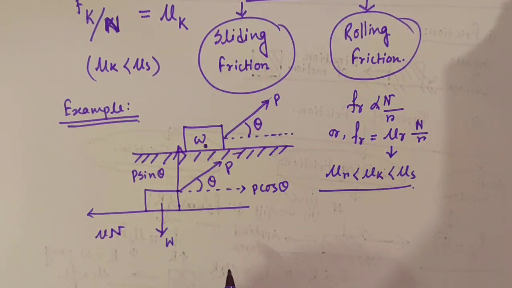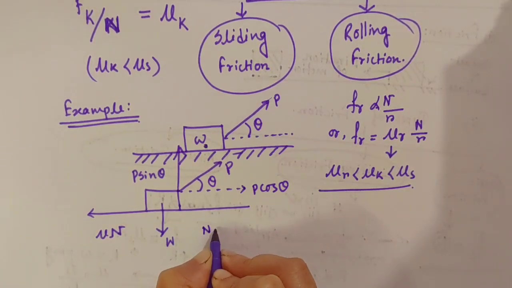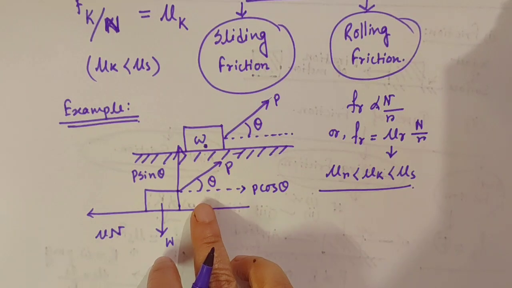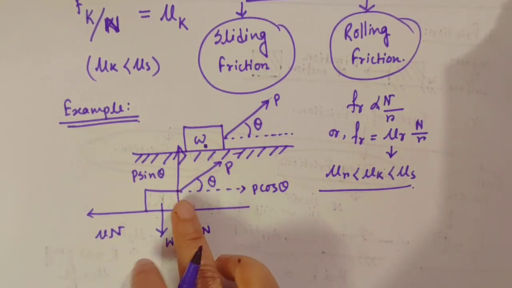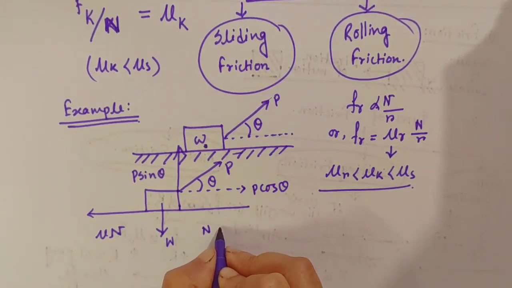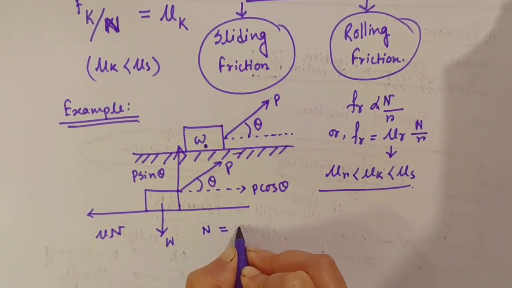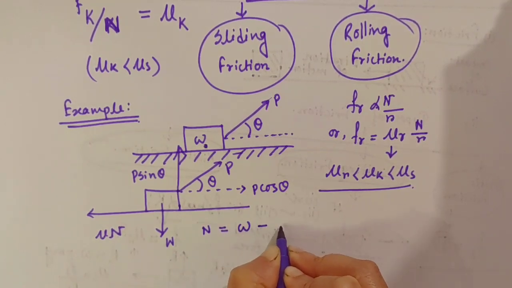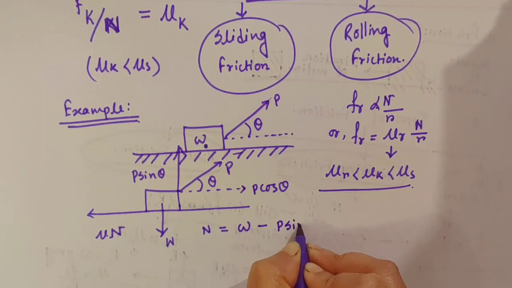Now the free body diagram of the block is shown here. Force P is resolved in vertical and horizontal direction. Normal reaction N we can write N is equal to W minus P sine theta.